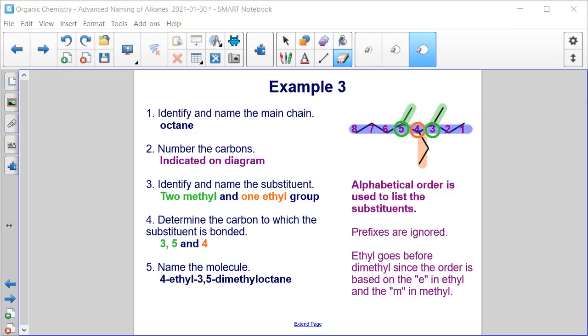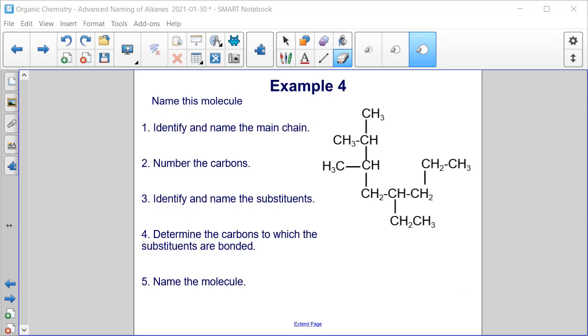As a reminder, alphabetical order is used to list the substituents, and the prefixes are ignored. Ethyl goes before dimethyl, since the order is based on the E in ethyl and the M in methyl.